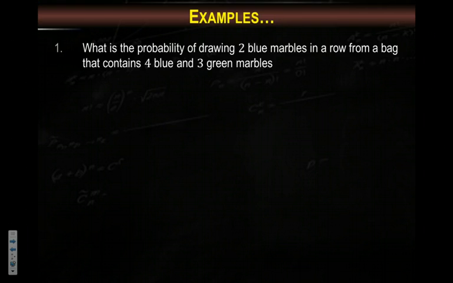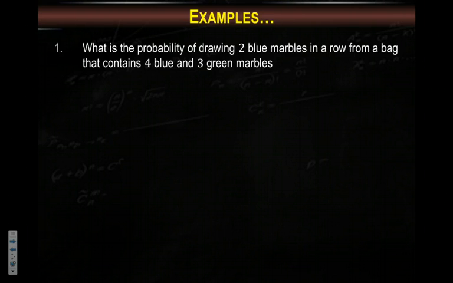Okay, here's where it gets a little harder for those of you who are actually doing this. When you draw the first marble, what's the probability of drawing blue? Well, first of all, how many total marbles? 7. How many favorable ones? How many blue ones? 4. So you got a 4 out of 7 shot at getting a blue marble.